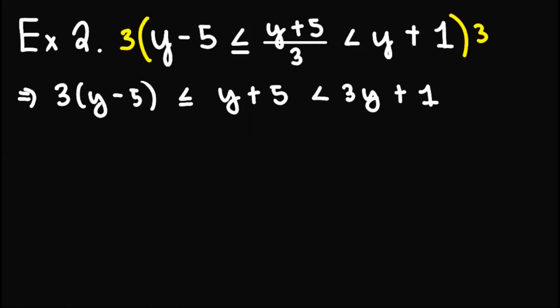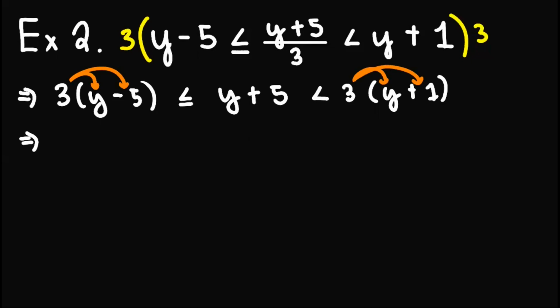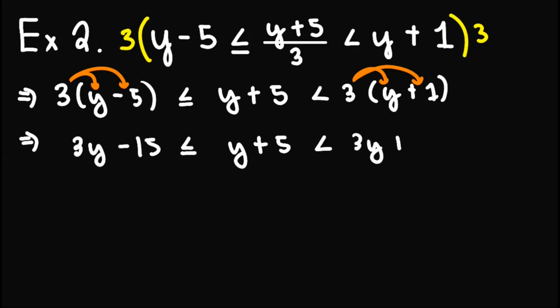Simplifying, it's not 3y plus 1. It's 3 times y plus 1. Then distributing this 3 on the left and right side, we'll obtain 3y minus 15 is less than or equal to y plus 5 is less than 3y plus 3.